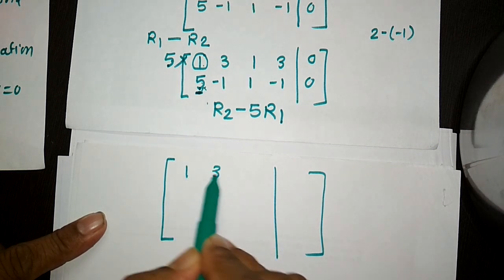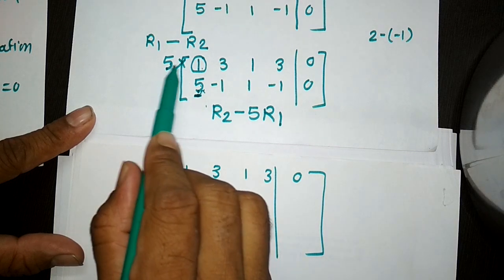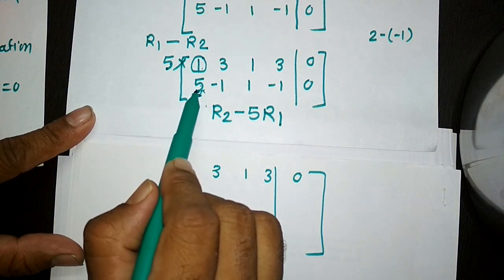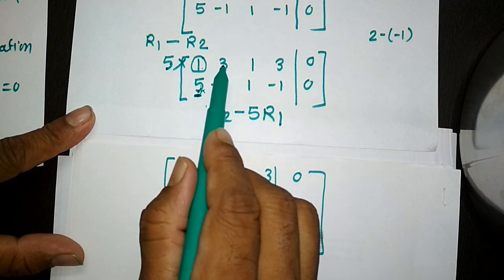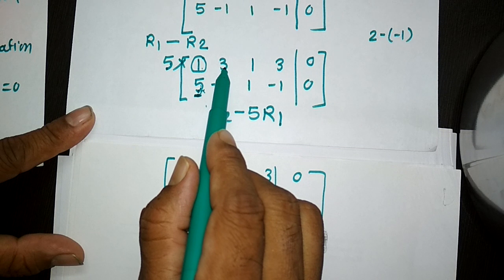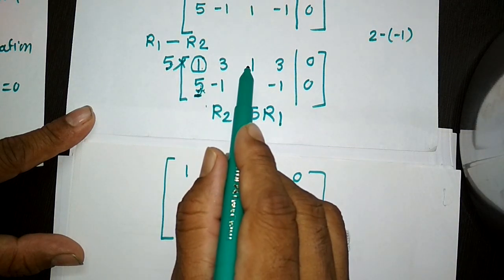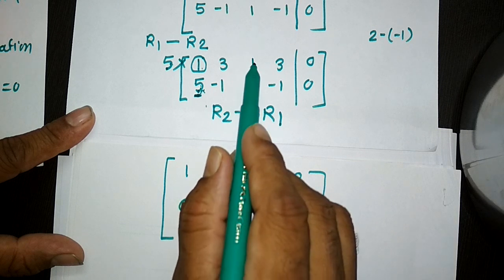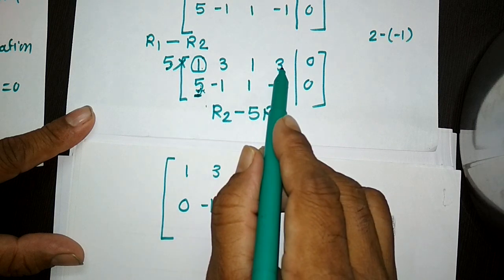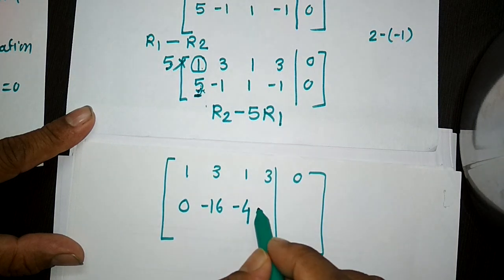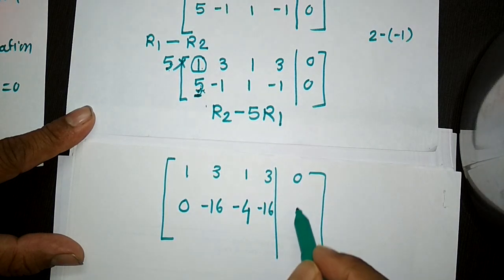First row is 1, 3, 1, 3, 0. Now, first row is multiplied by 5 and subtracted from R2. 5 minus 5 is 0. 5 into 3, 15. Minus 1 minus 15 is minus 16. 5 into 1, 5. 1 minus 5, minus 4. 5 into 3, 15. Minus 1 minus 15 is minus 16. And 5 into 0 is 0. 0 minus 0 is 0.